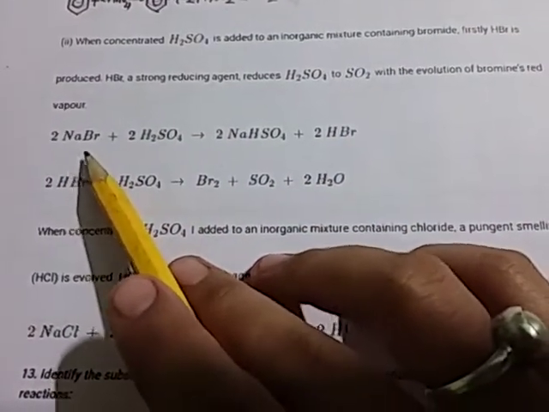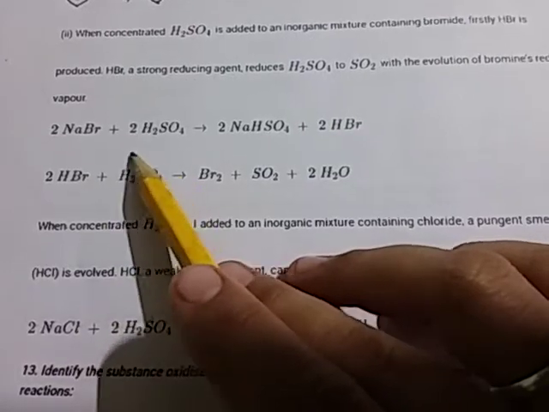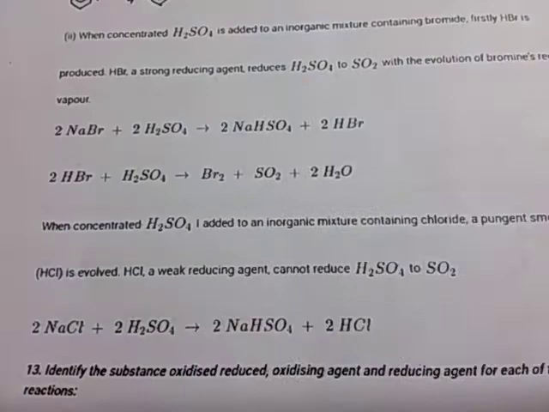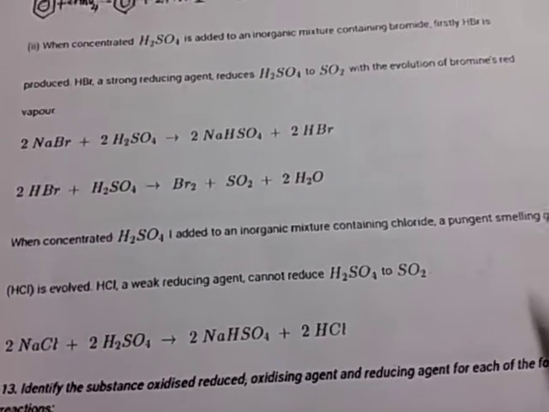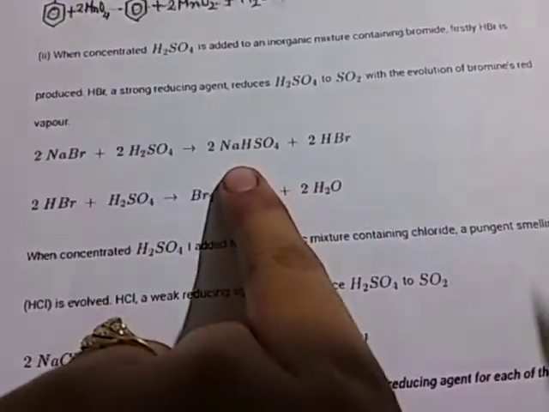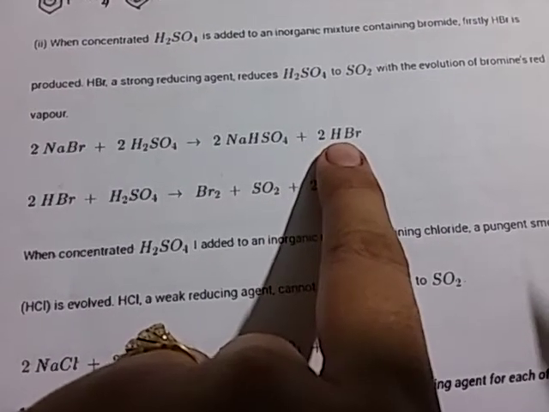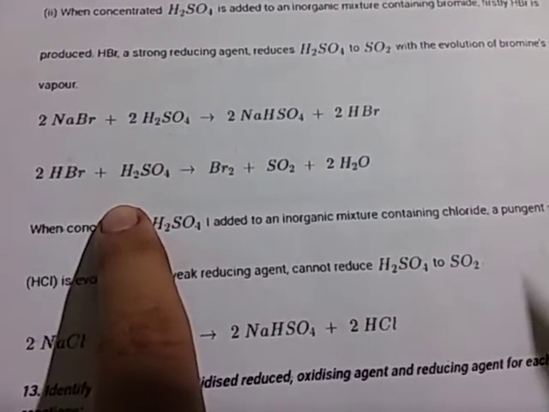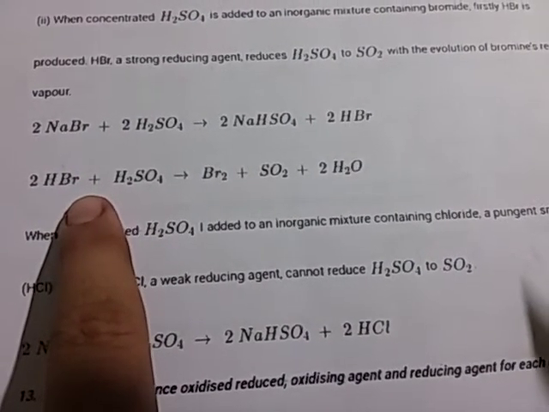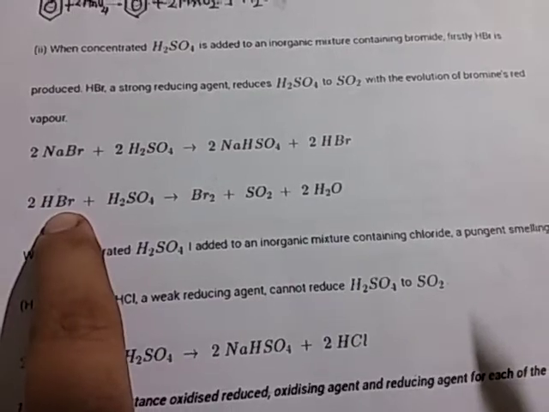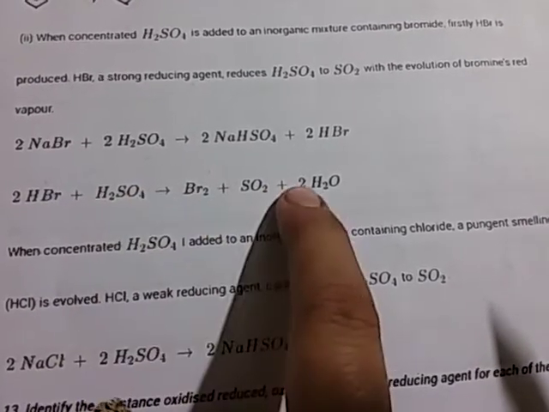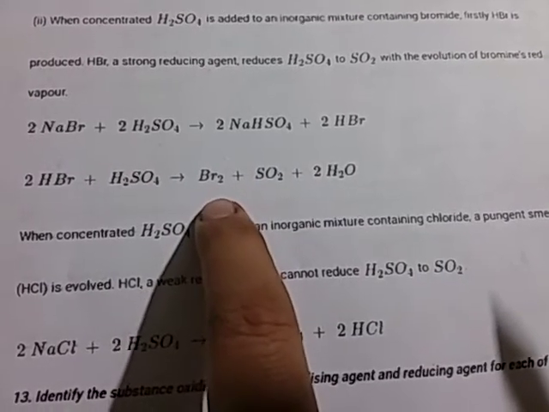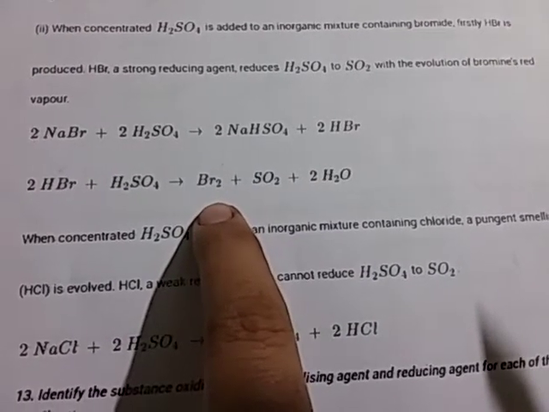So here NaBr, an inorganic compound, reacts with sulfuric acid to form sodium hydrogen sulfate NaHSO4 and HBr, and this HBr reacts with sulfuric acid, reducing it to SO2 gas with the evolution of bromine, whose color is red vapor.